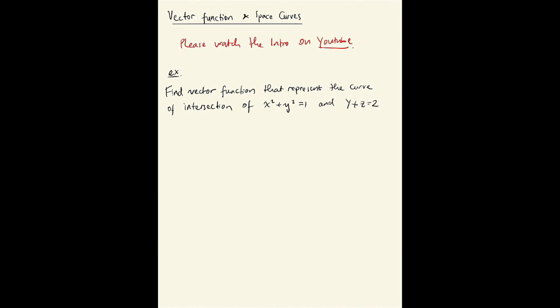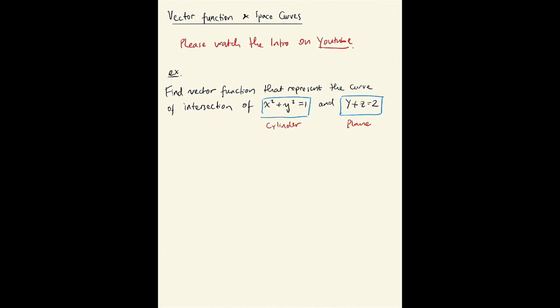Okay, so you have two curves, at least two shapes. x squared plus y squared equal 1. What's the shape? But in 3 dimension, cylinder, right? y plus z equal to 2, but in 3 dimension, plane. Okay, it's a plane.